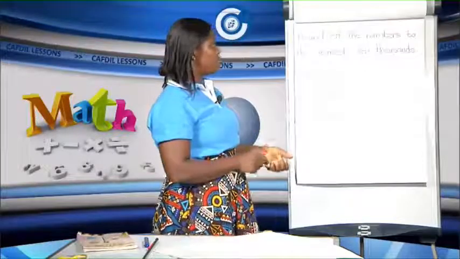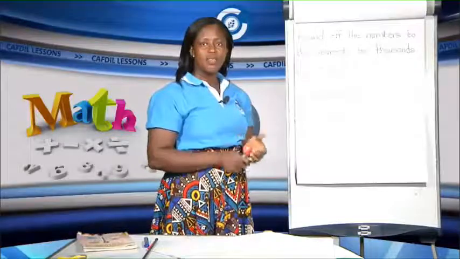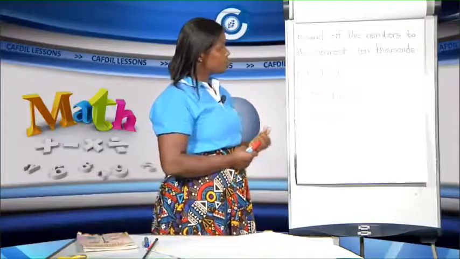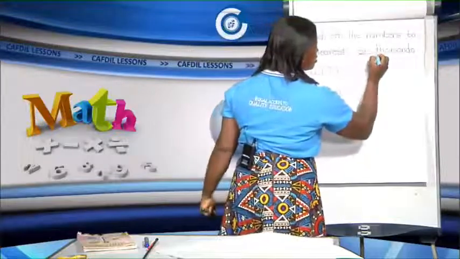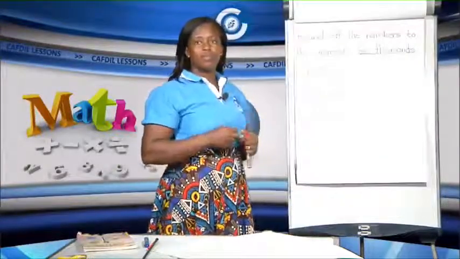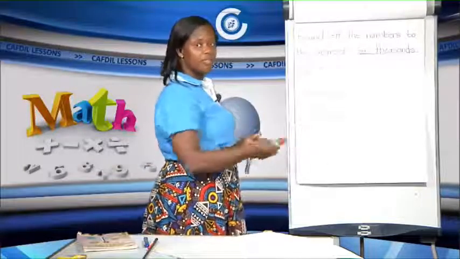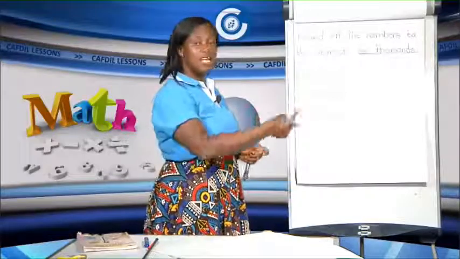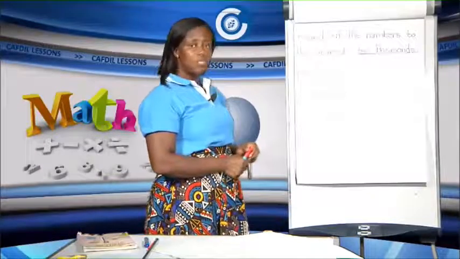Round off the numbers to the nearest 10,000s. This is what we are looking at, 10,000. With the 10,000s, we will go right to the next place, which is the thousands place.